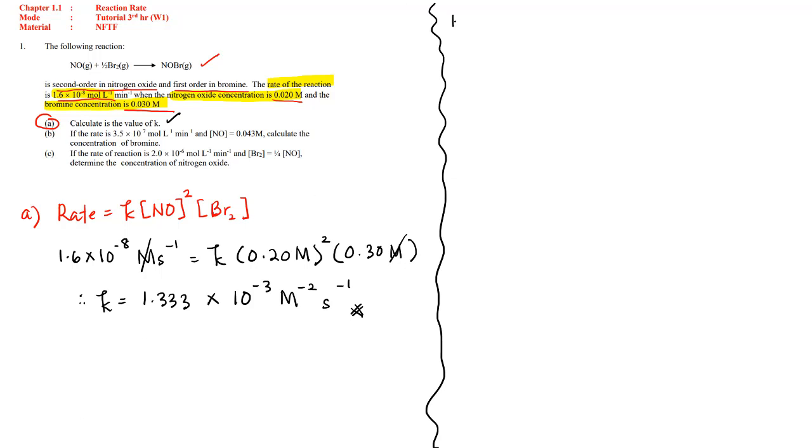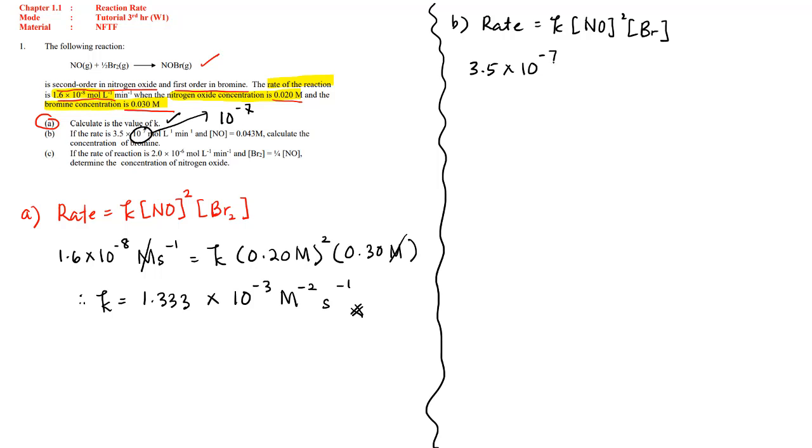Okay, for question B, we have to refer to the rate law equation again. Right, the rate is 3.5 times 10 to the power of 7. Okay, there is a typo there. Actually, this one is negative 7, class. 10 to the power of negative 7, it should be.